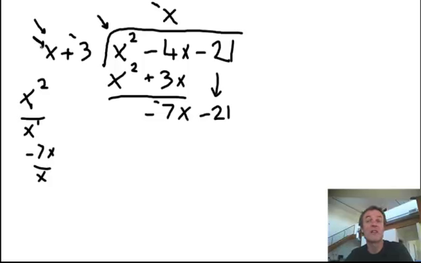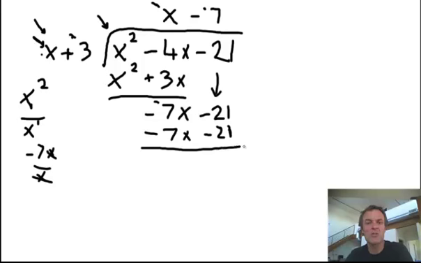Okay, here, that x divided by the x, it'll cancel, it'll give me negative 7. So negative 7. And when I multiply back through, what's negative 7 times the x? It's negative 7x. Negative 7 times the positive 3 is negative 21. Now be aware of this. I'm just subtracting the same things, so there's going to be nothing left.